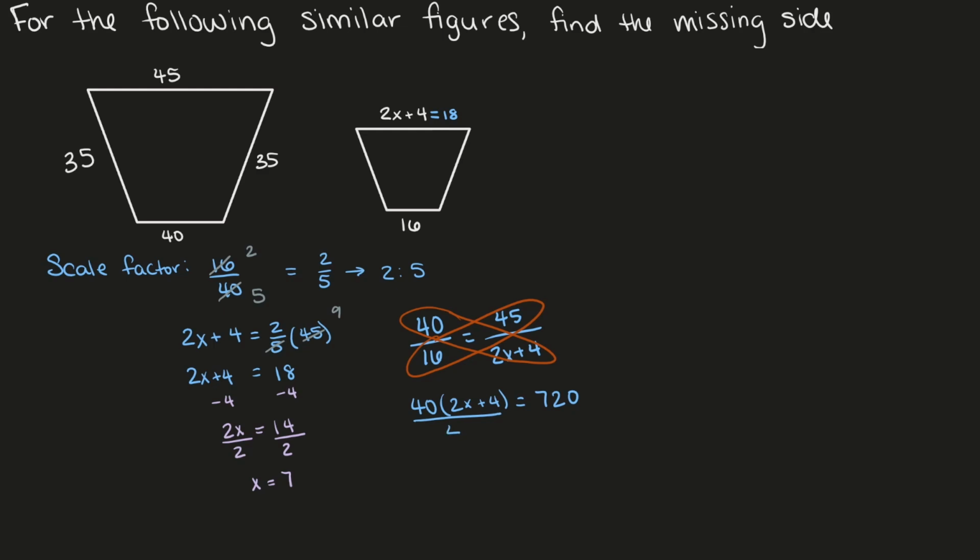We'll divide both sides by 40, and we'll get 2x plus 4 is equal to 720 divided by 40, which is 18, which is again exactly what we saw for the value of our side, and we can stop here. So we know that our missing side is equal to 18.